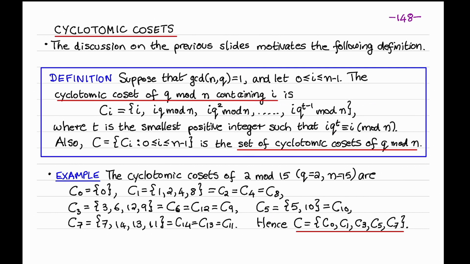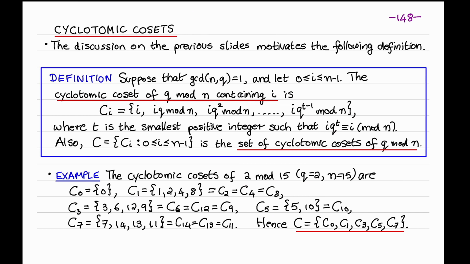Here's an example. Let's find the cyclotomic cosets of 2 modulo 15. So here q is 2 and n is 15, and note that 2 and 15 are coprime. We first have C_0, which is comprised just of the number 0. Next we have the cyclotomic coset containing 1, C_1.